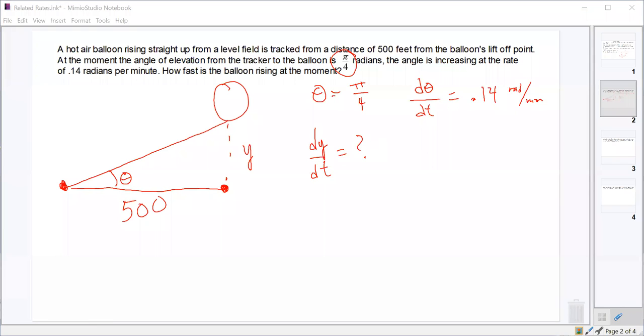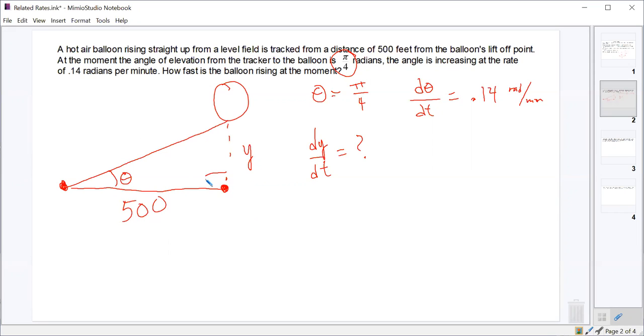So we now need to figure out some way to relate theta, 500, and y together in one equation. So anybody got an equation we can use for that? How are these three things related?